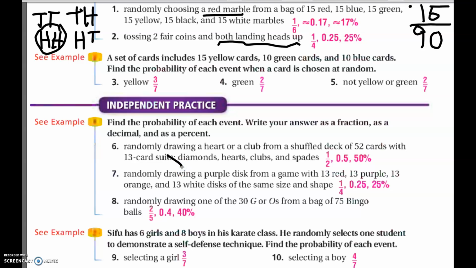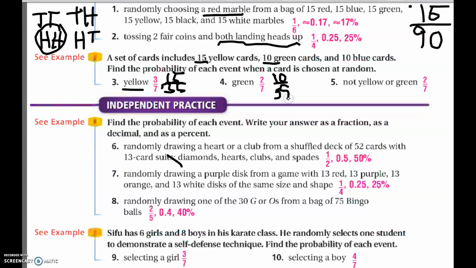This question is asking what's the probability that it's yellow. Yellow is 15. And the bottom would be the total, which is 15, 25, 35. So 15 out of 35. Then you just need to reduce it, and you should get 3/7. Okay, and then green is 10 out of 35.